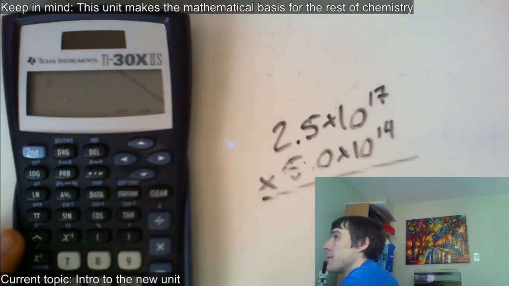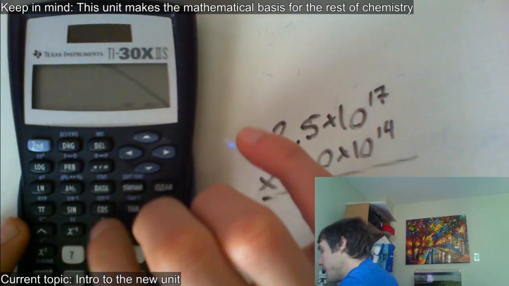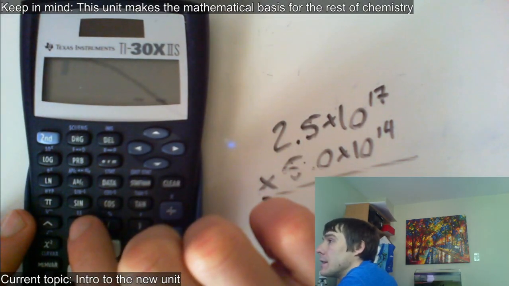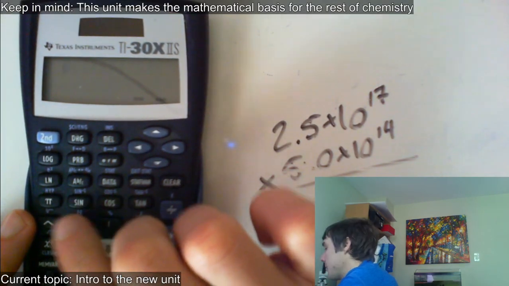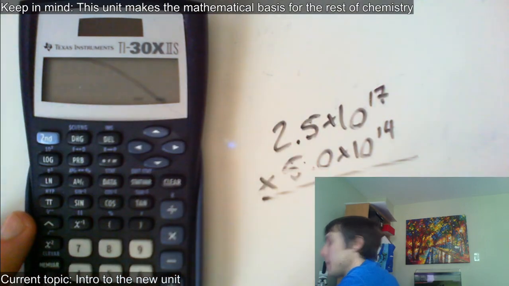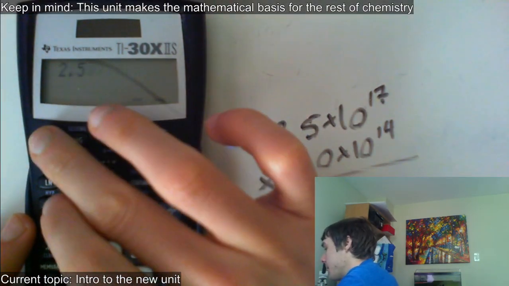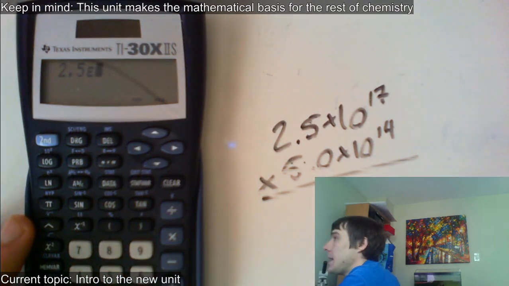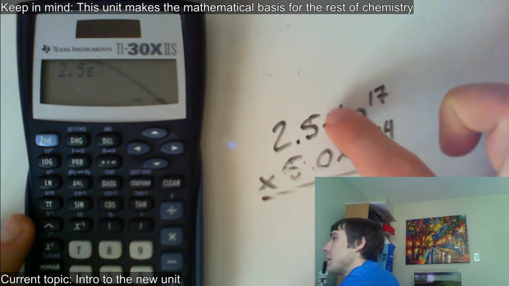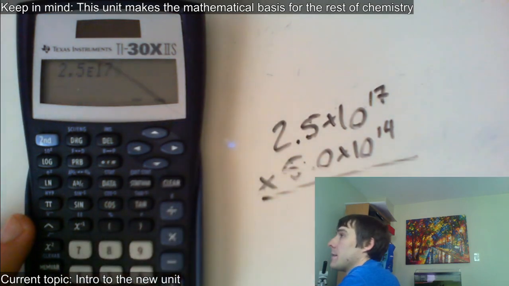The other way, much faster, is I've got this button here. You can see it right there, EE. It's in blue, right above x to the negative 1. And when it's in blue, I have to hit the second button to hit it. So 2.5, second function, that, there's my little e. Now that e takes the place of times 10 to the, and I get 17.